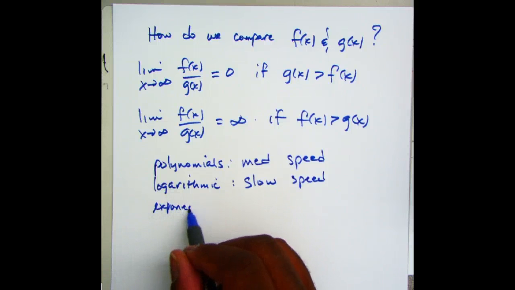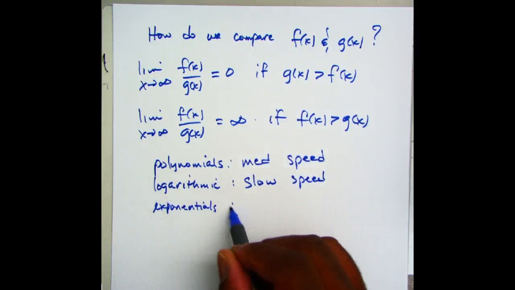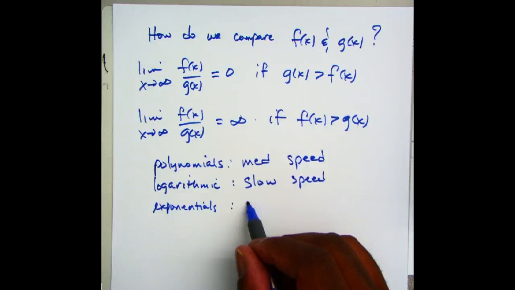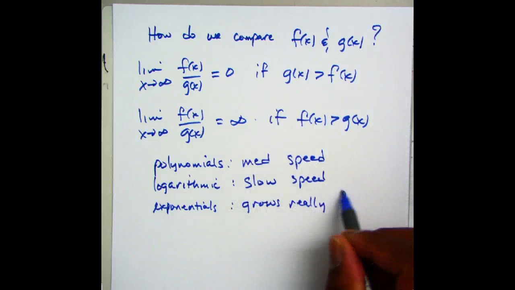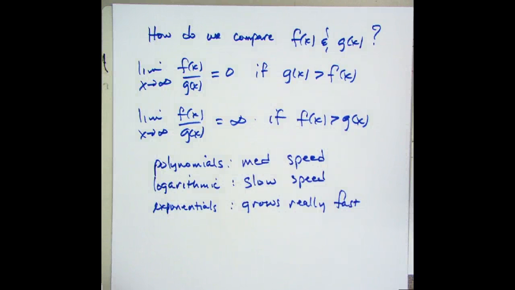And exponentials, fast speed. So the exponentials grow at a much faster speed. So the polynomials are the medium, the logarithmics really slow, and the exponentials, they grow really fast.